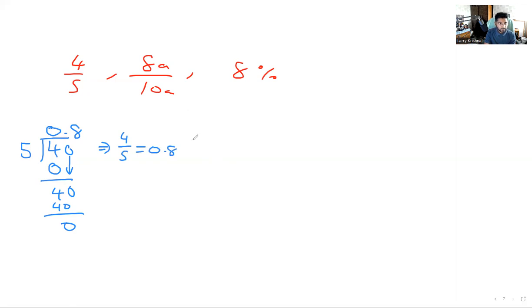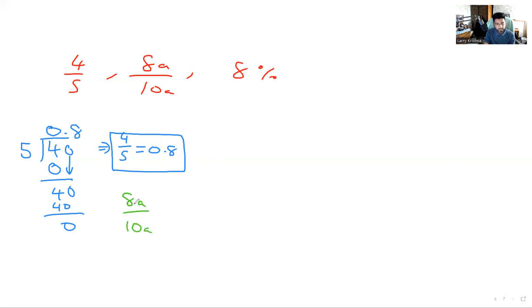Okay. Let's look at the other bit. So let's put a box around this. 8a over 10a. Let's change color for that just to make it a bit more appealing and easy to understand. Do this in green. 8a over 10a.